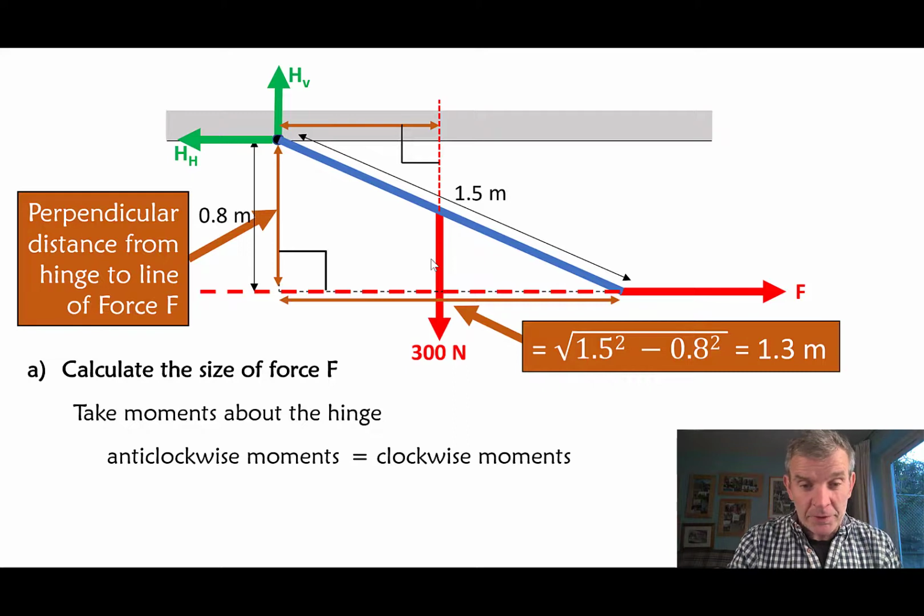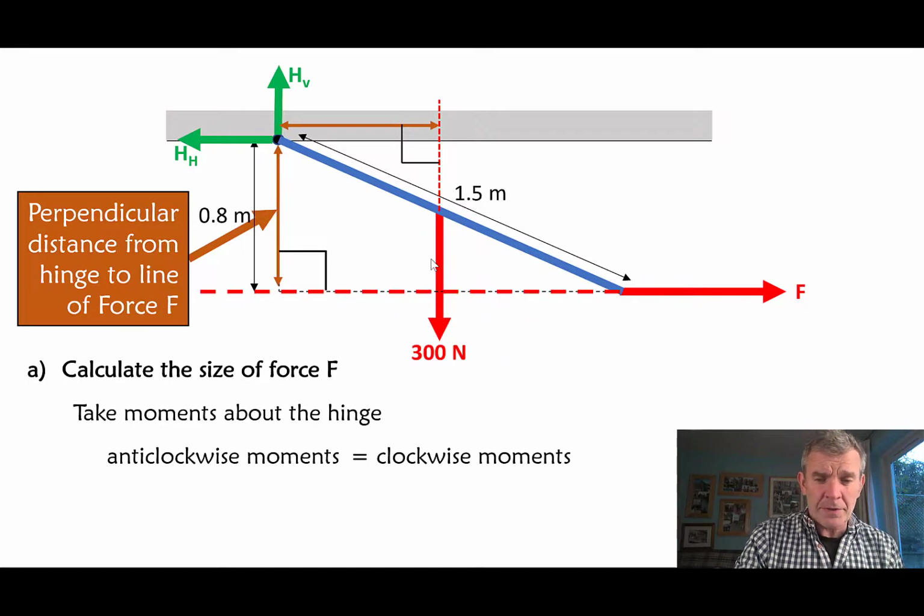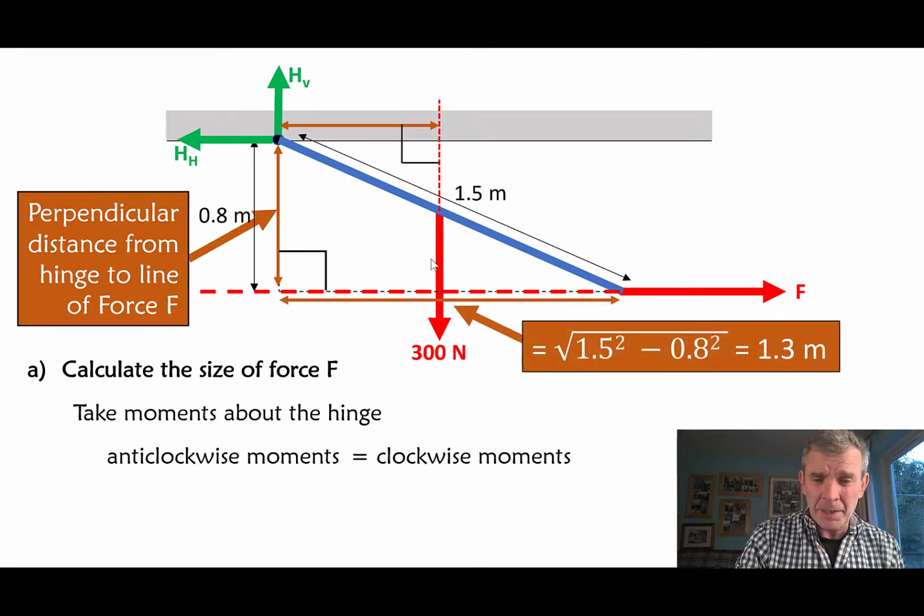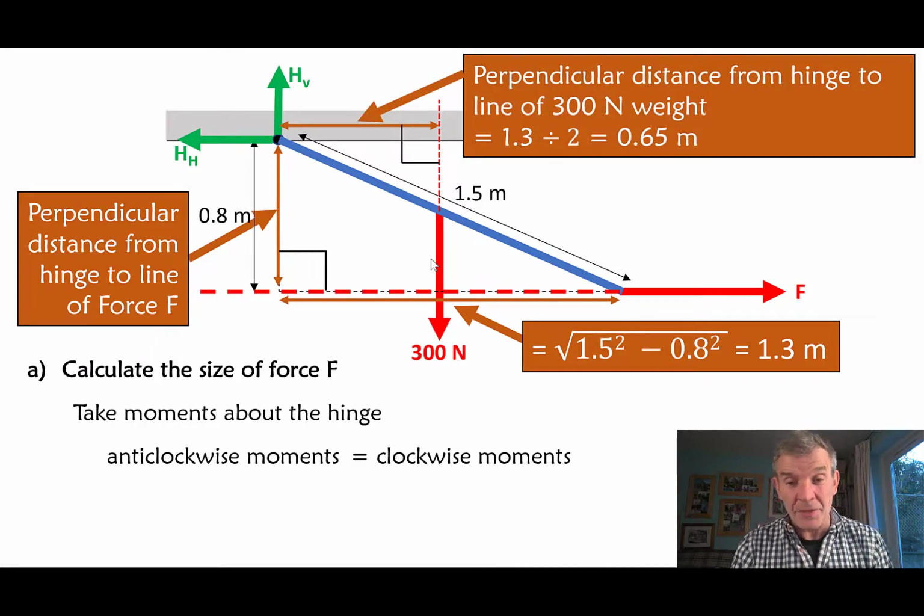I'm simply going to work out the length of the lower side of this triangle, because I've got the other two sides, 0.8 and 1.5 meters. Using Pythagoras, I can work out that that is 1.3 meters, and our perpendicular distance is going to be half that length, which is 0.65 meters.